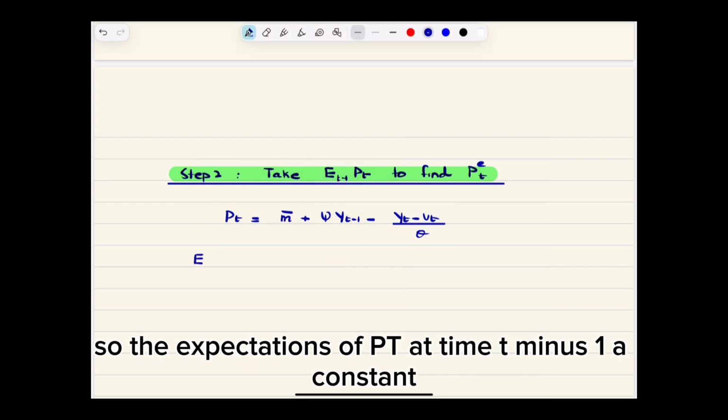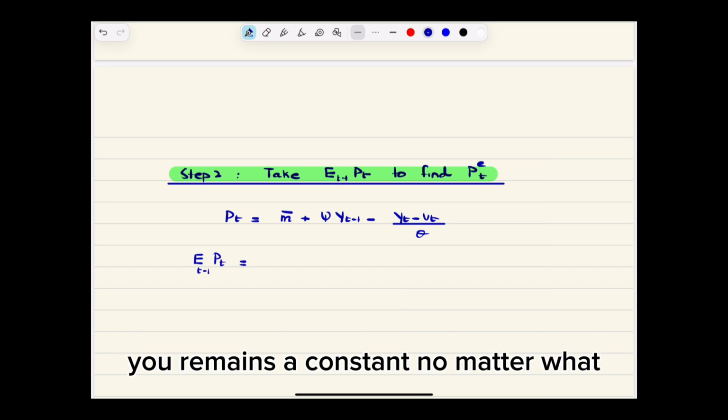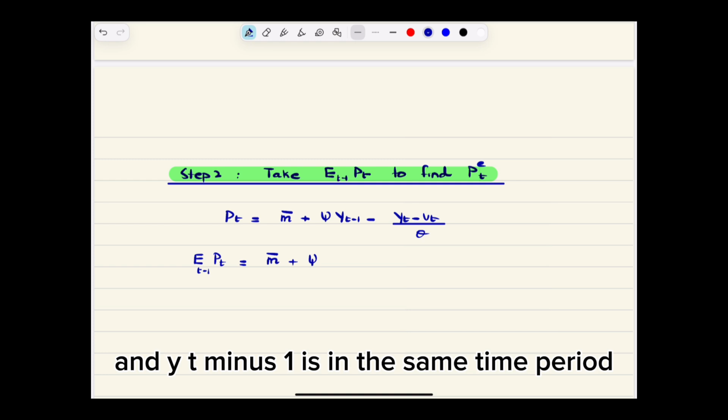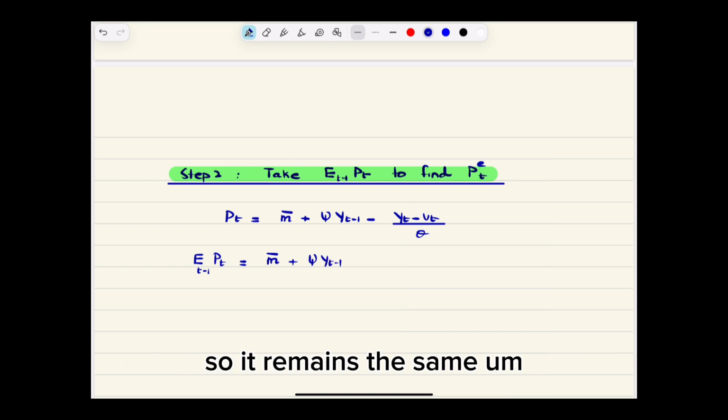So the expectations of pt at time t minus 1, a constant remains a constant no matter what. So this remains the same. And yt minus 1 is in the same time period, so it remains the same.